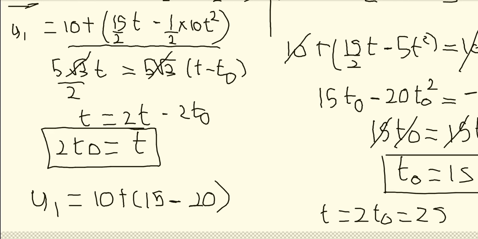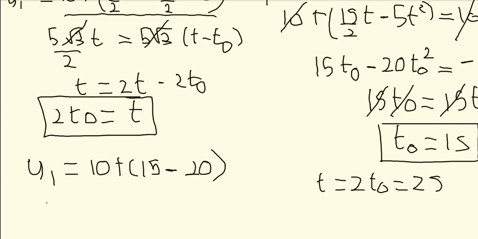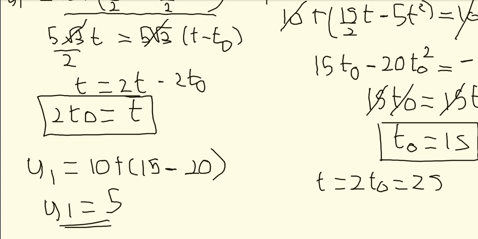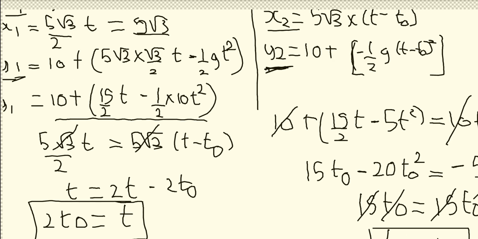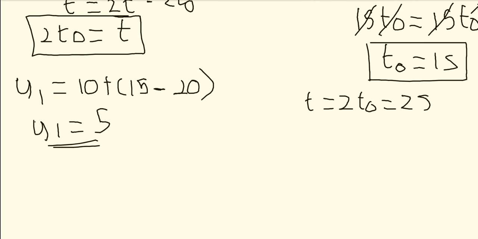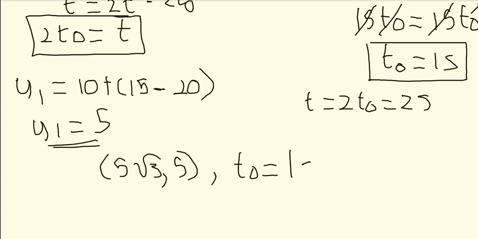When I calculate the value, it will be minus 5, so y1 will come out to be 5. So the coordinates are 5 root 3 comma 5 and the time interval between two shots is given as 1 second.